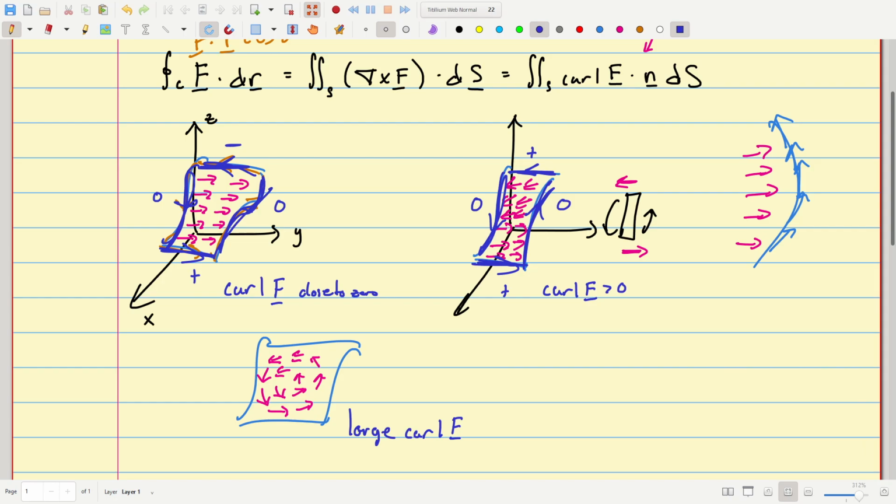Now, the other power of Stokes' theorem is that I'm going to get the same information and the same result from this integral regardless of what exactly the surface looks like, as long as they share the boundary. Okay? And the boundary and the orientation.